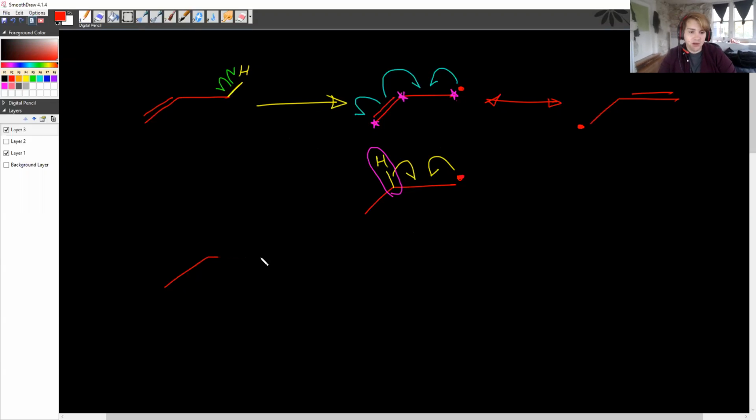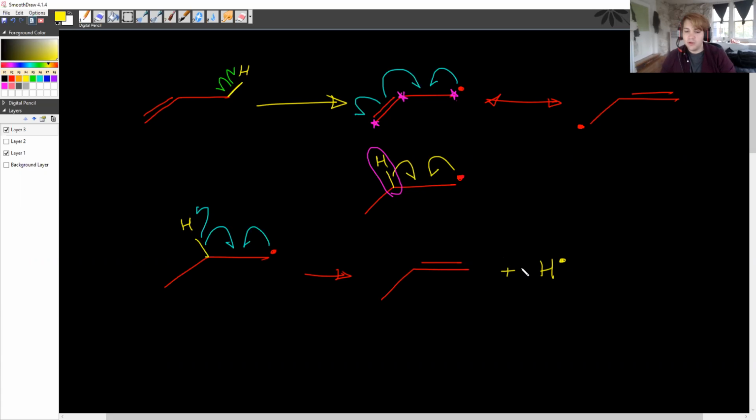So what that basically is saying is that, I drew this a little bit backwards, but what I'm trying to say here is that there is a potentiality of this homolytically cleaving, and what this is going to form is a double bond here plus H radical, okay?